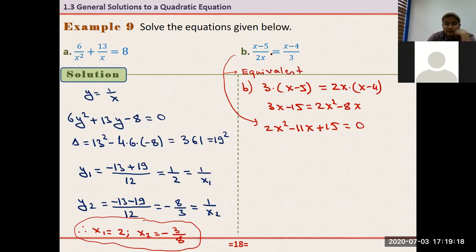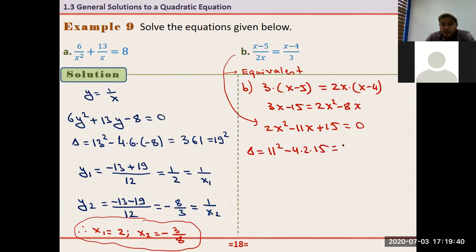Equivalent means they have the same solutions. They are not the same equations, you see, they are different, but they are equivalent because they have the same solutions.